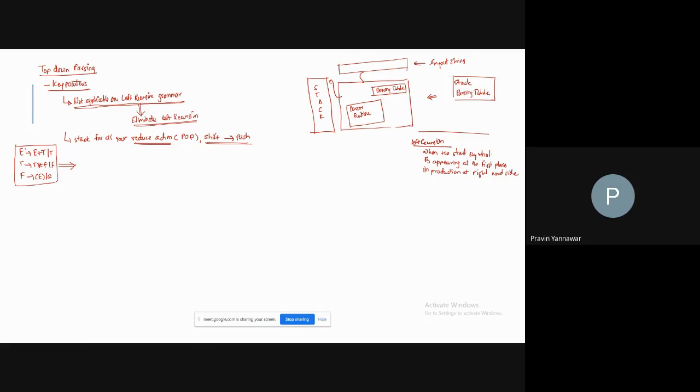Now see, the start symbol E appears at the first place in the right hand side of the production. If it does, then it ultimately calls for left recursion. So this is a left recursive grammar.